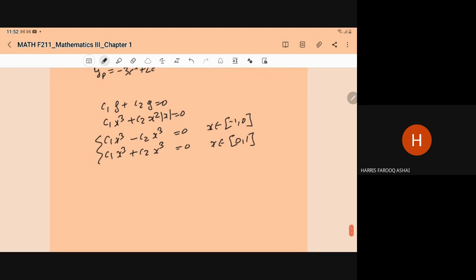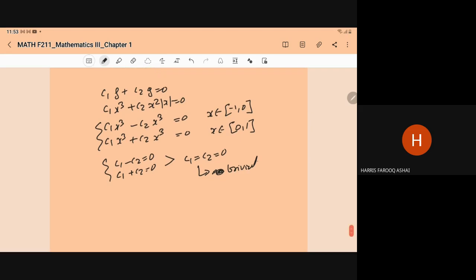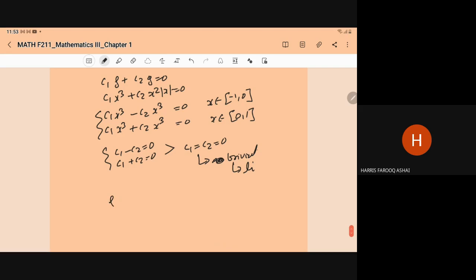So x³ can take any value, so it can be written as C1 minus C2 is equal to 0 and C1 plus C2 is equal to 0. So this will give you C1 is equal to C2 is equal to 0, which means the trivial combination. Trivial implies LI. So here we can say f and g are LI.